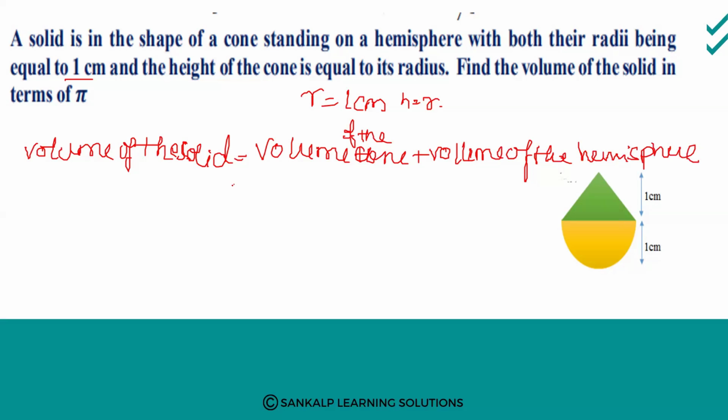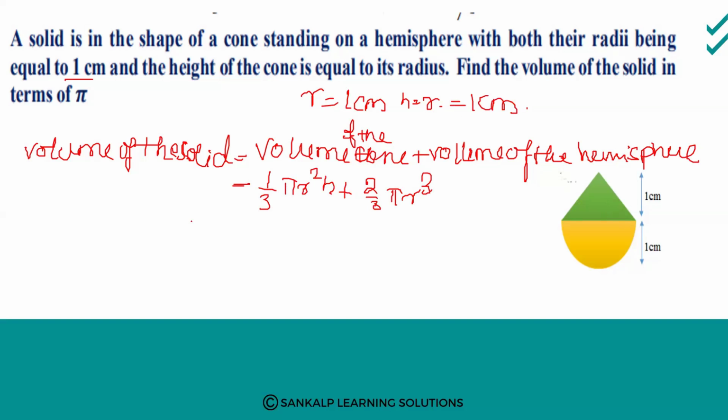Okay. So volume of the cone is 1 by 3 pi r square h plus 2 by 3 pi r cube, for the hemisphere. Right. So here r is equal to 1. So the radius of the cone and radius of the hemisphere, both radii are equal to 1 centimeter and height is equal to radius. That is, height is also 1 centimeter.